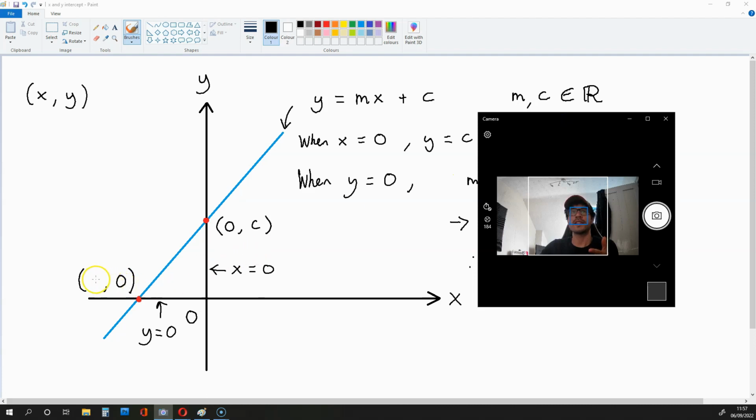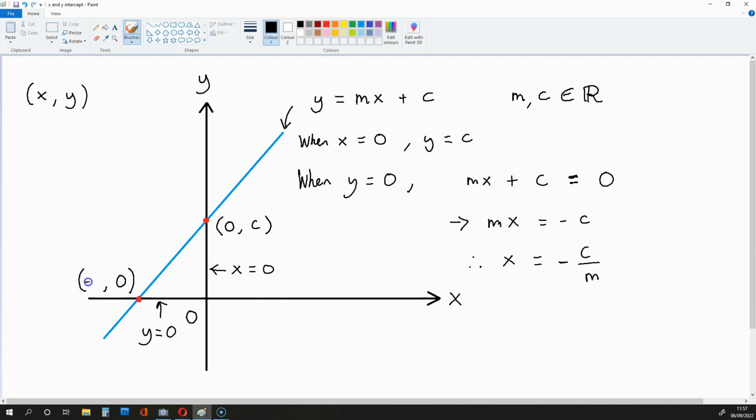Okay, so this point over here to the left becomes minus c over m, 0. Okay, and this is how we find the x and y intercepts for a line in 2 dimensions.